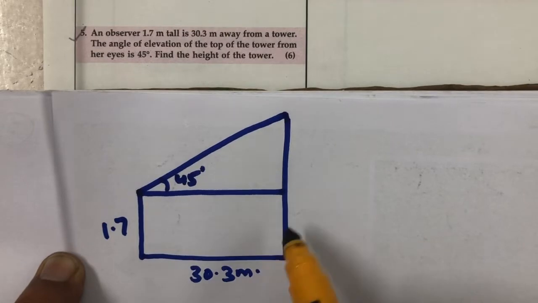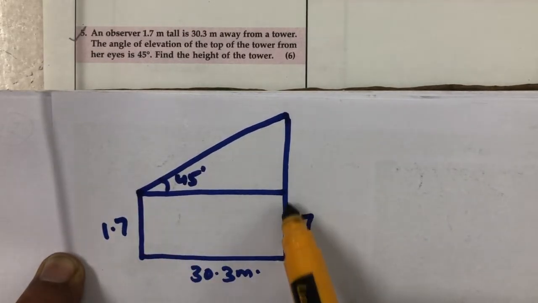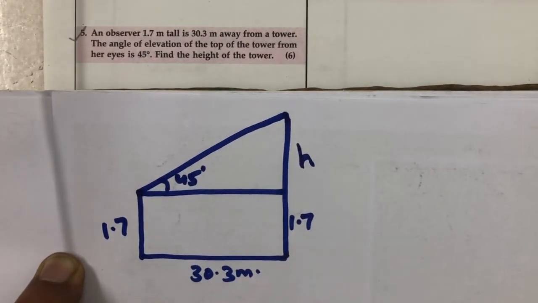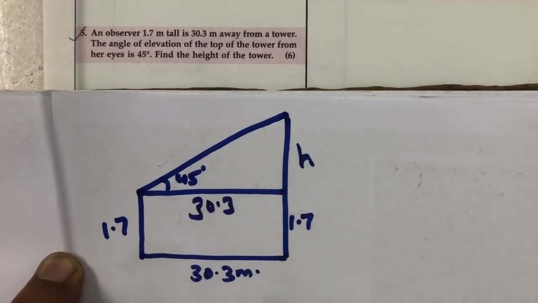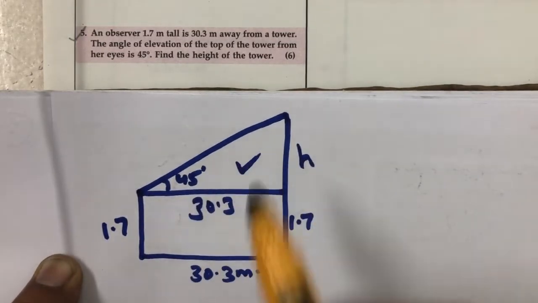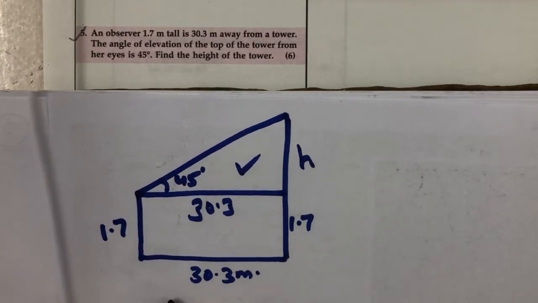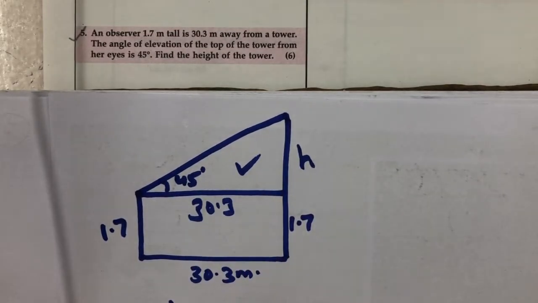Now you see that 1.7 is already with us, because if this one is 1.7, this one is also 1.7. So the remaining height is h. This is 30.3, so this one is also 30.3. Now simple, we have to calculate h using the above triangle. h divided by 30.3 meters is nothing but perpendicular by base, that is tan 45, and tan 45 you know.